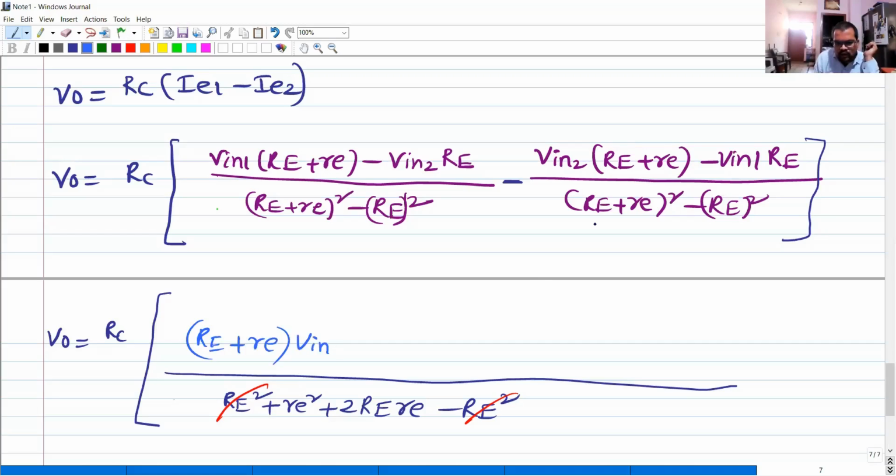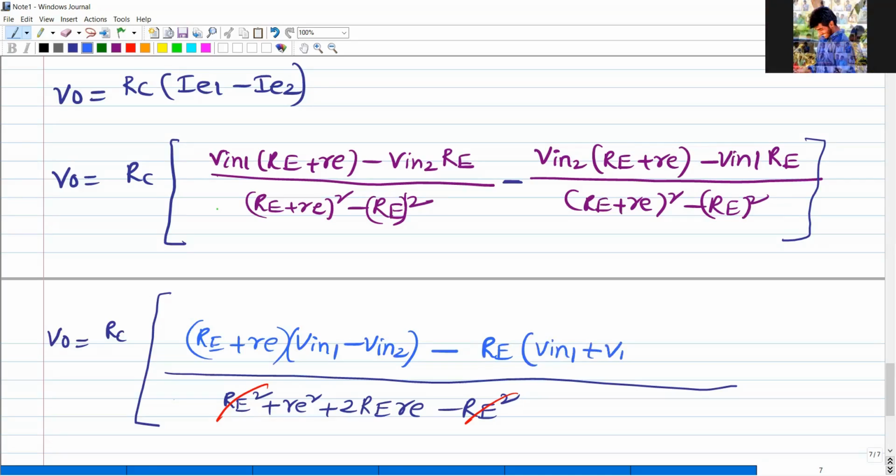V in 1 here, minus V in 2 into RE, minus V in 2. Again, here I want to take the common of RE. That is V in 1 minus V in 2. Is it right? Yes, sir.